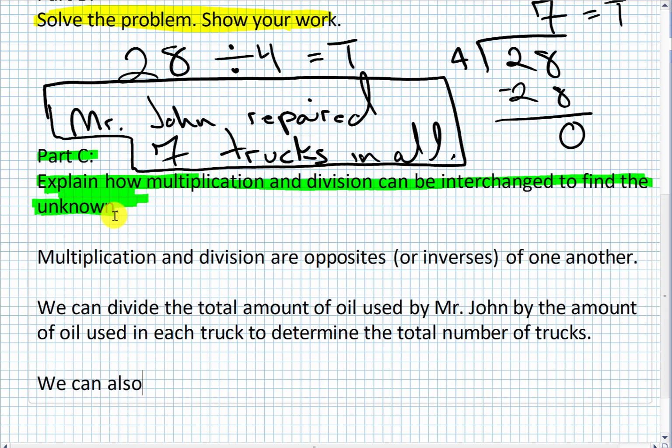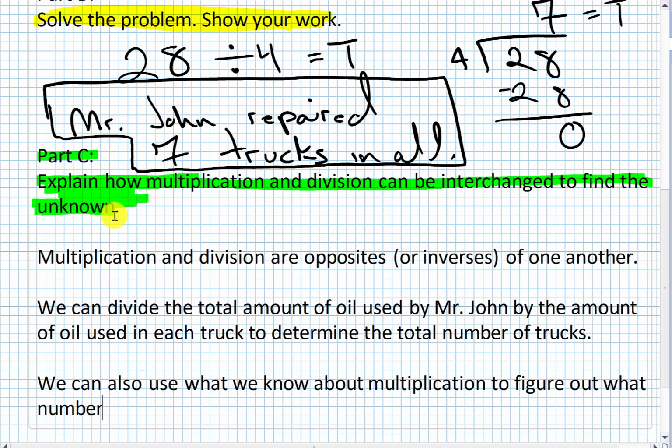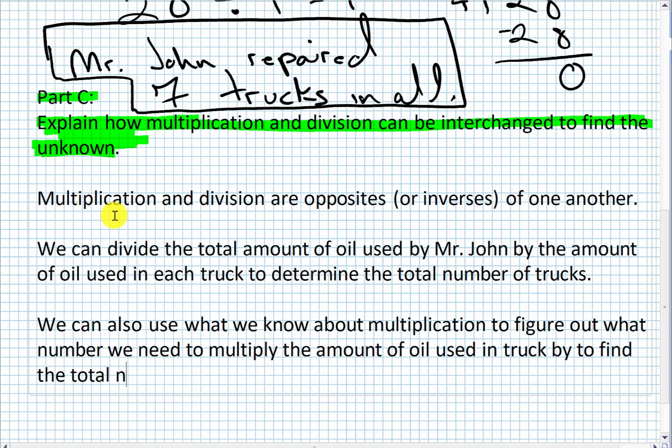We can also use what we know about multiplication to figure out what number we need to multiply the amount of oil used in each truck by to find the total number of trucks.